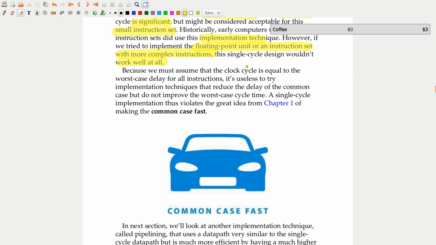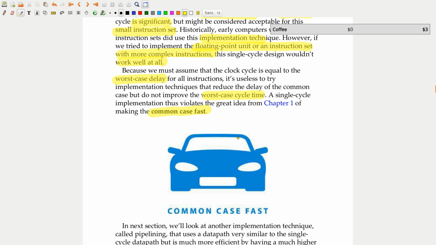Because we must assume that the clock cycle is equal to the worst case delay for all instructions, it's useless to try implementation techniques that reduce the delay of the common case but do not improve the worst case cycle time. A single cycle implementation thus violates the great idea of making the common case fast.